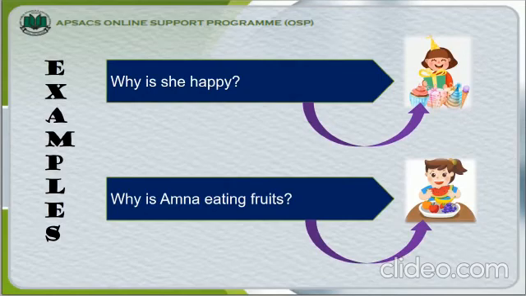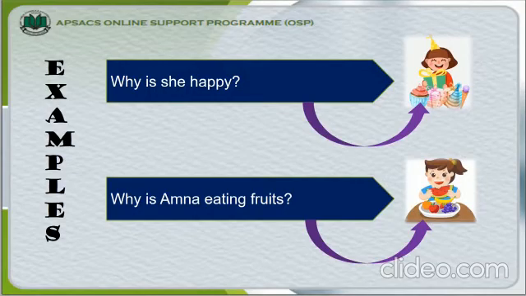Okay students, we have learned through this conversation that because is a word which connects two sentences with the result and the cause. It is always used to give the reason for something. Let's look at some more examples. Why is she happy? Okay students, what do you think? It looks like she has a present and she is wearing a birthday cap.